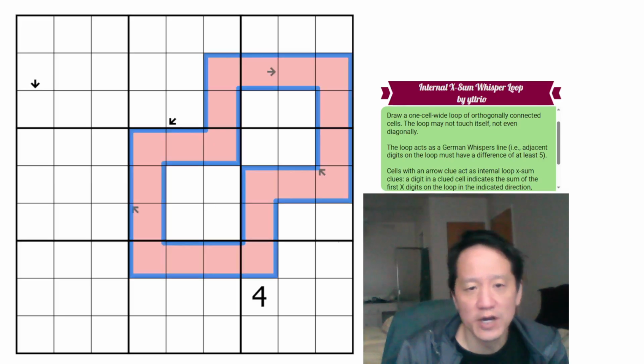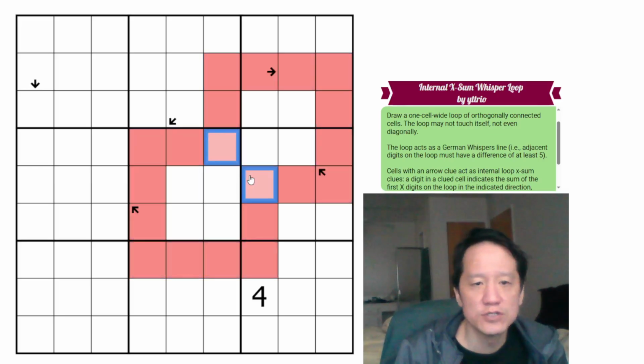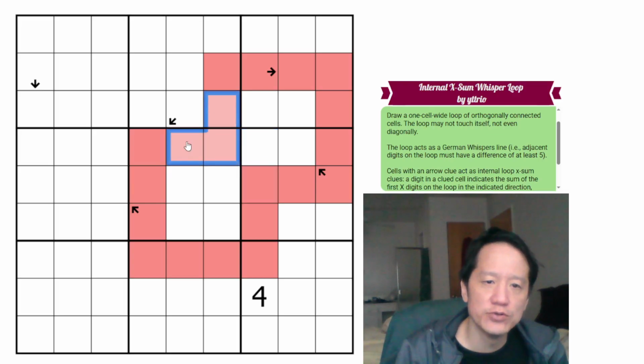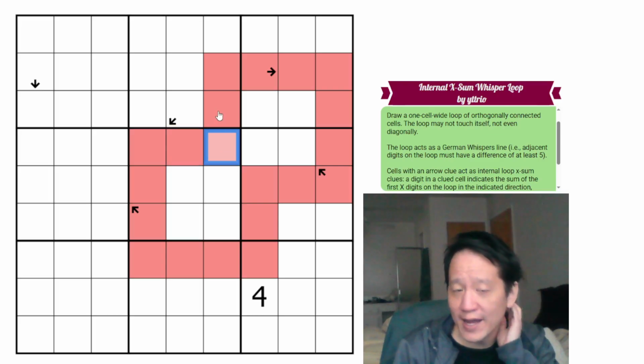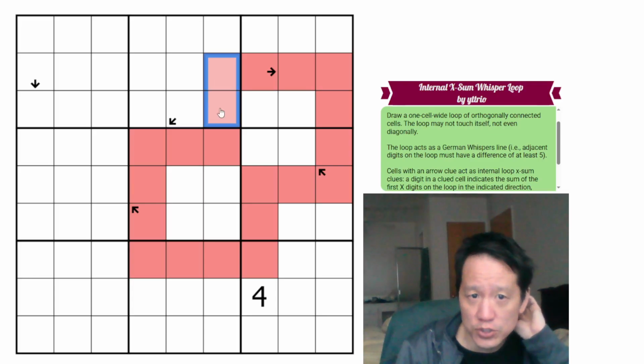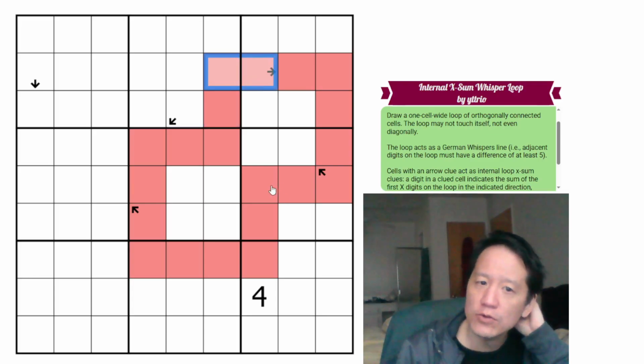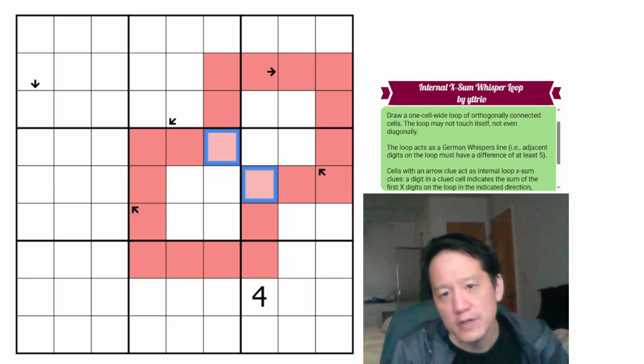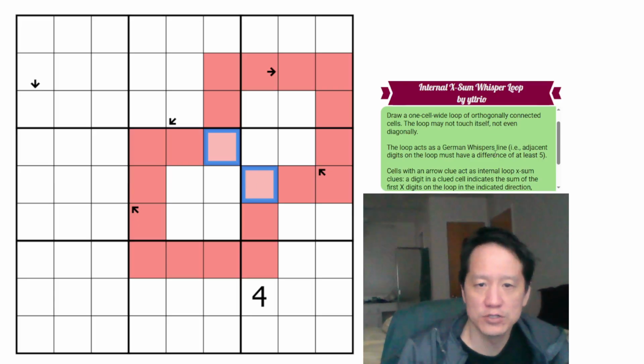This is also not a valid loop because these two cells touch each other diagonally. So in addition to that, each cell on the loop has to share an edge with two and only two other cells on the loop. You cannot have them touching diagonally either, anywhere. So that's how the loop works.